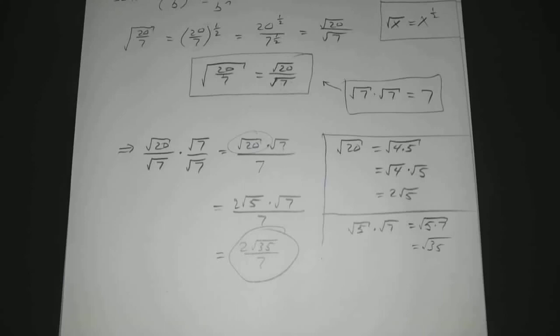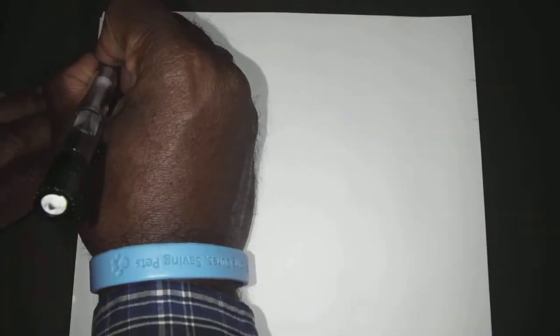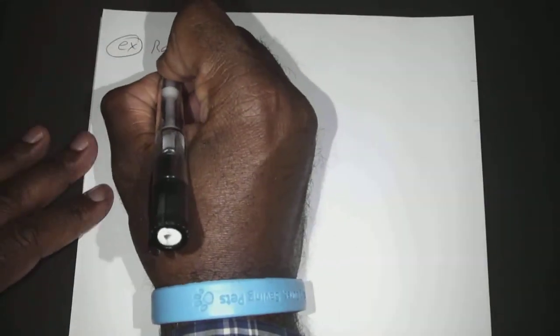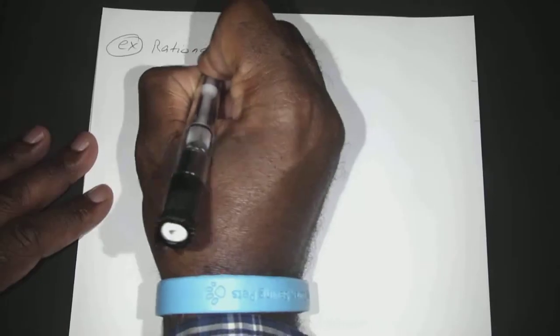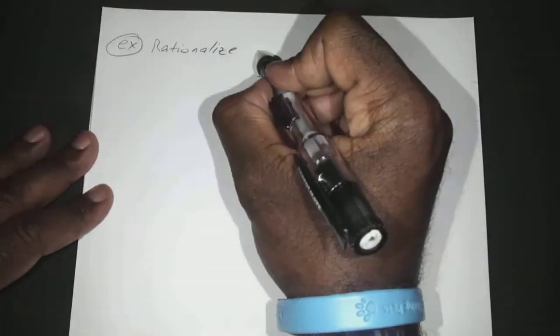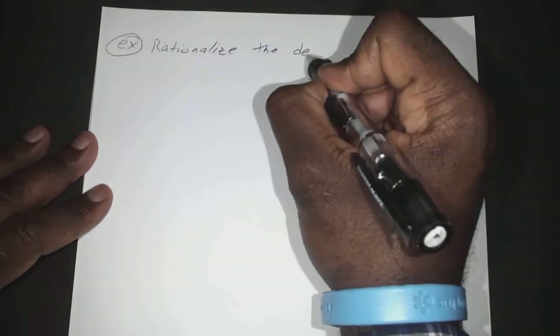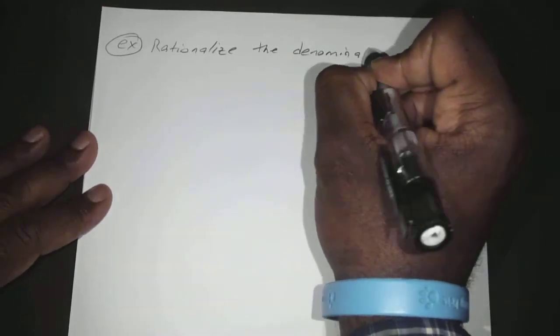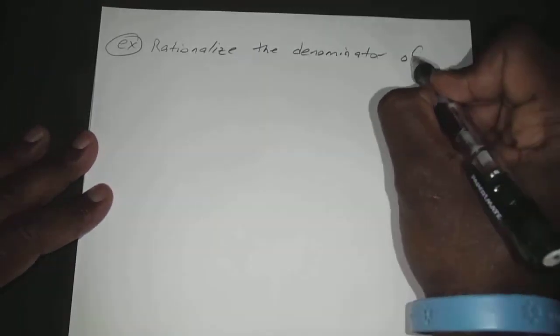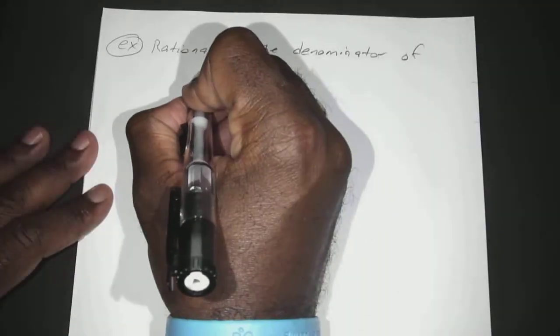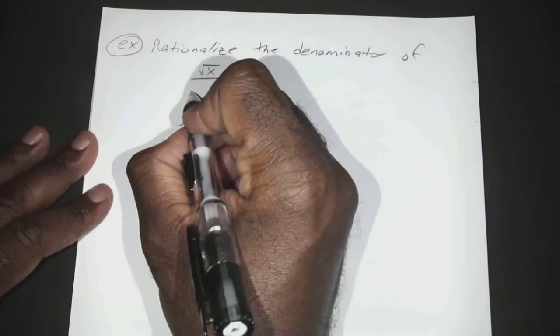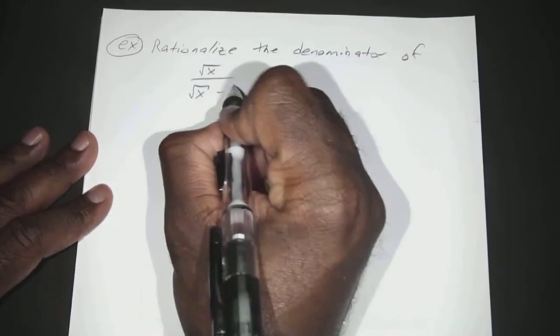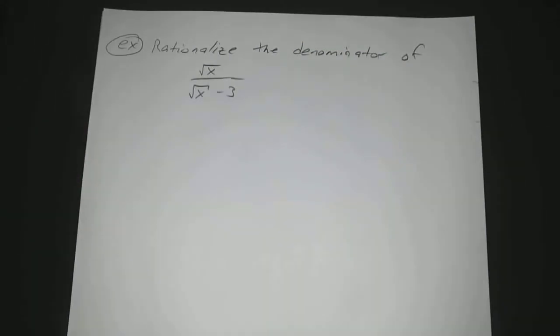Okay, so let's say, for example, if you want to rationalize the denominator of, let's say, square root of x over square root of x minus 3.